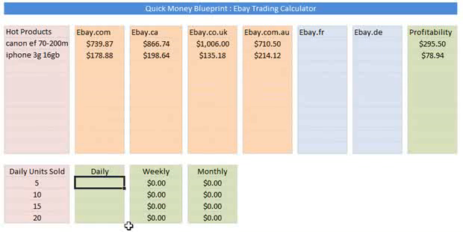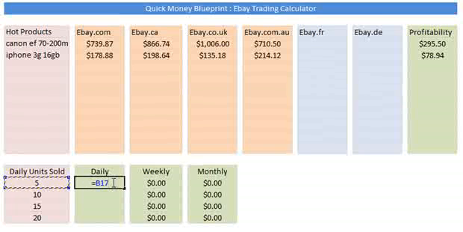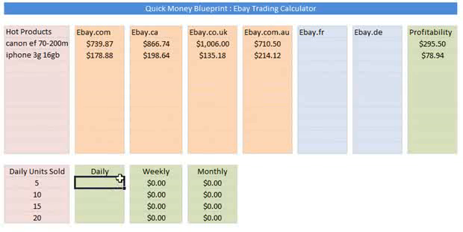And for daily, we want to take, by putting in the equal sign, and then clicking on the 5, and then hitting the asterisk sign. If I can find the asterisk sign on my keyboard, it's actually not working. Let me try it again. Equal sign, that.